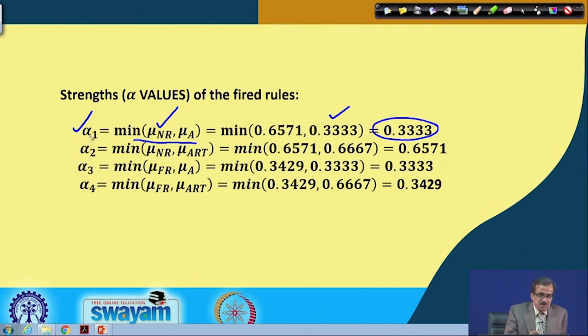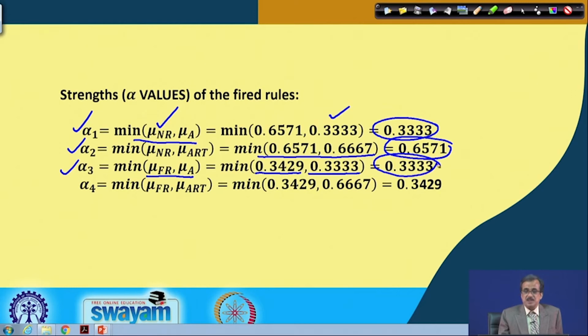Similarly, the firing strength for the second rule, that is alpha 2, is the minimum between mu NR and mu ART, and that is nothing but the minimum between 0.6571 and 0.6667, and the minimum is 0.6571. Then comes the third fired rule, and its firing strength, alpha 3, is the minimum between mu FR and mu A, that is the minimum between 0.3429 and 0.3333, and the minimum is 0.3333.